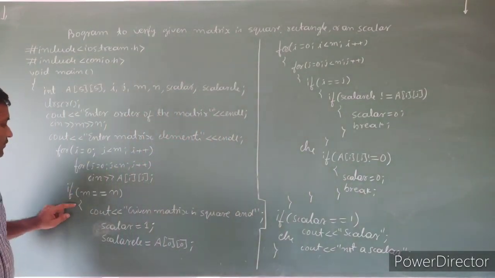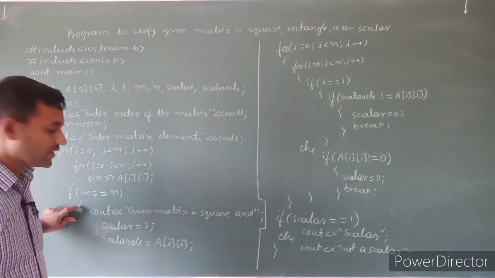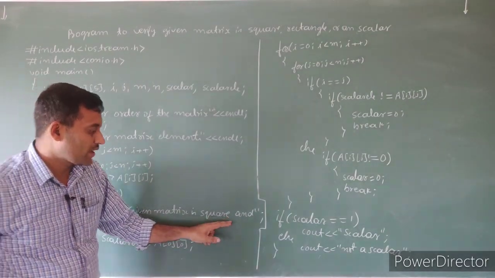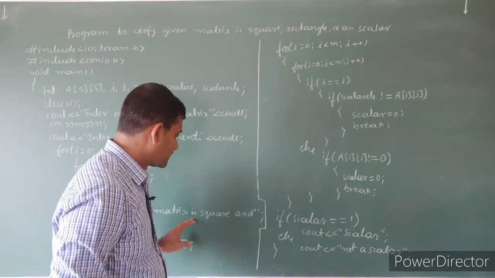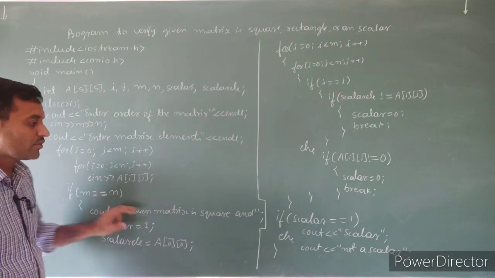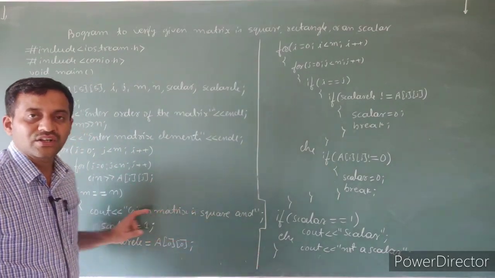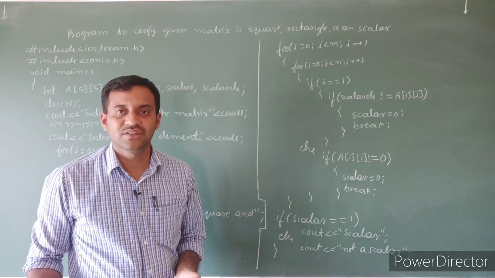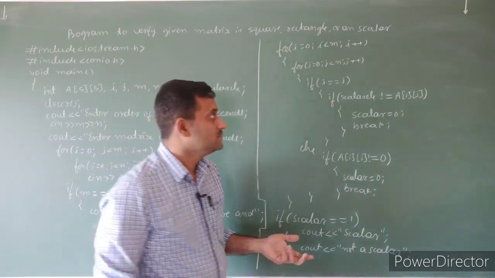This one is the compatibility check. So m is equal to n. So given matrix is square and scalar, or given matrix is square but not a scalar. Then if m is not equal to n, here we close the if part, then given matrix is rectangle.